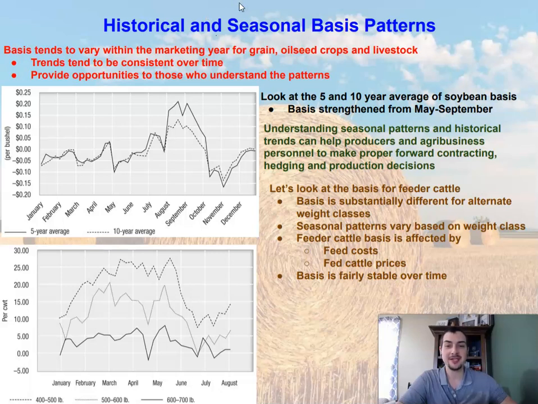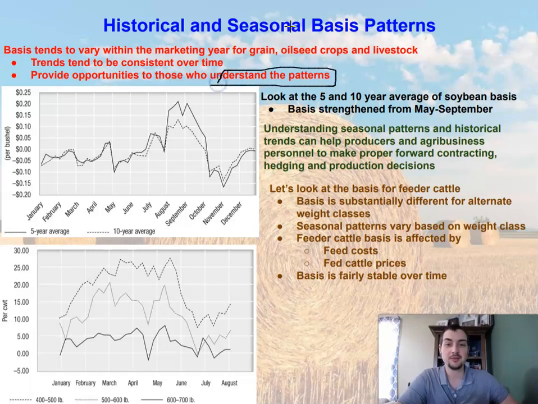The basis tends to vary within the marketing year for grain, oilseed crops, and livestock. It tends to vary within that marketing year for all commodities, really. But the trends tend to be constant over time, and this provides opportunities for those who understand the patterns.